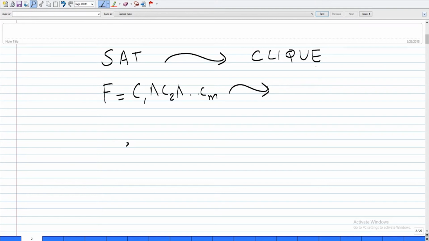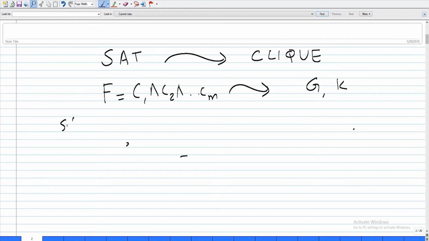and what is the input to a clique problem? Not just a graph and an integer, because the decision version asks, given a graph and the integer k, is there a clique of size k? So, I need to come up with this function. And what is the property I want the function to satisfy?